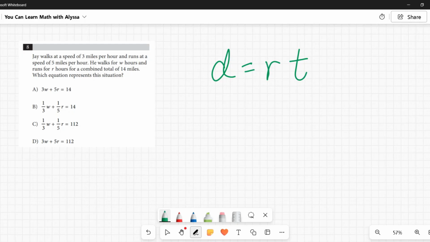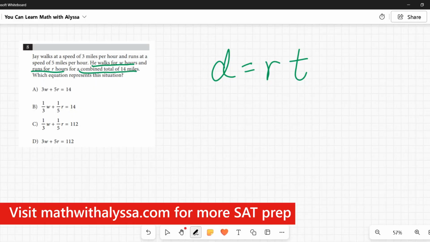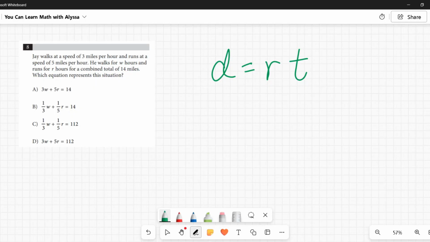So there's a couple ways we can look at this. I think the best way for your practice, so that you'll know what to do in any situation that the SAT throws you, is to see how to apply the distance equals rate times time formula for this equation. So there is a distance he walks for W hours, and then he runs for R hours, and then there's a combined total of 14 miles.